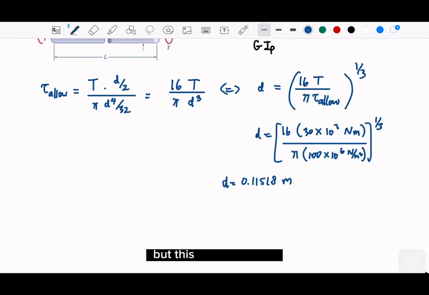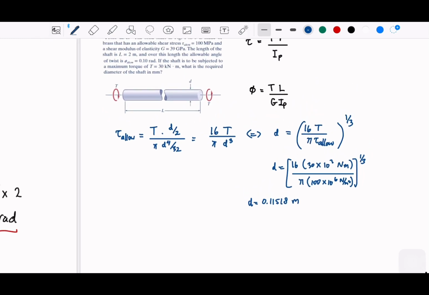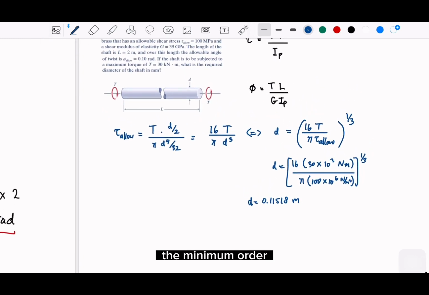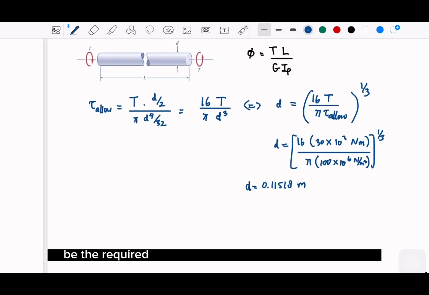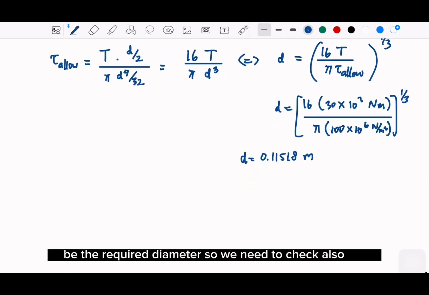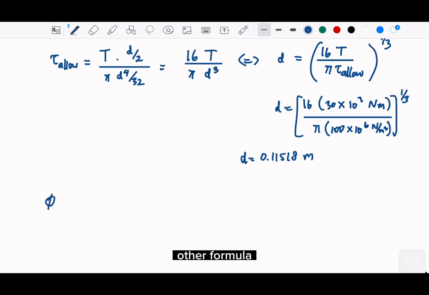Okay. But this is not yet over, because the question is asking for the minimum or the required diameter. Okay. So we need to check also the other formula.